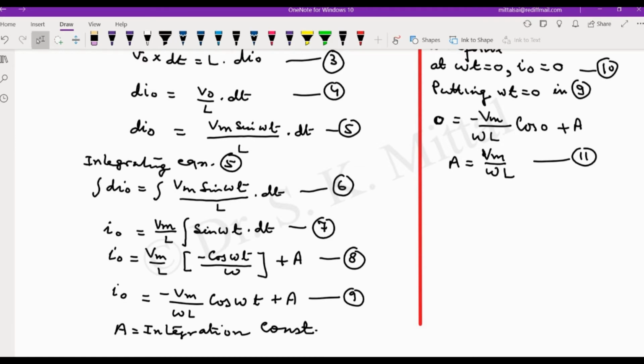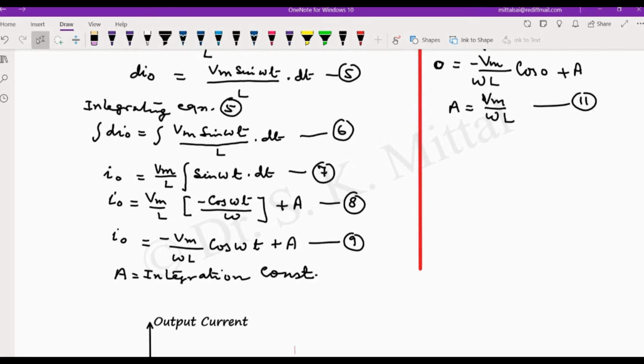So now we have calculated the value of integration constant a. Now, by putting the value of integration constant a in equation number 9, I will put this value in equation number 9.